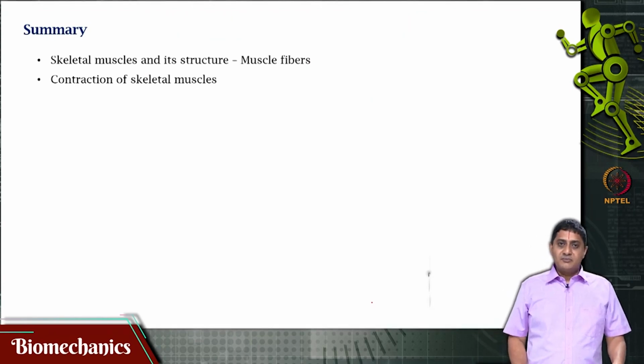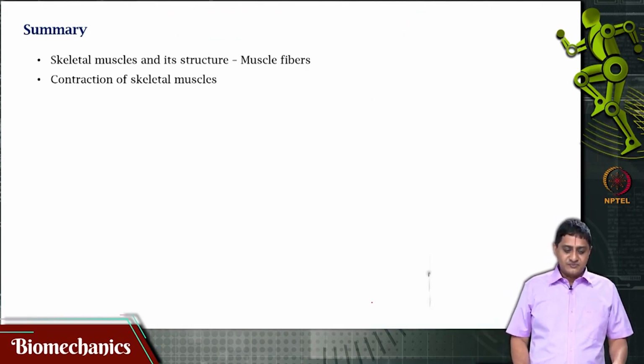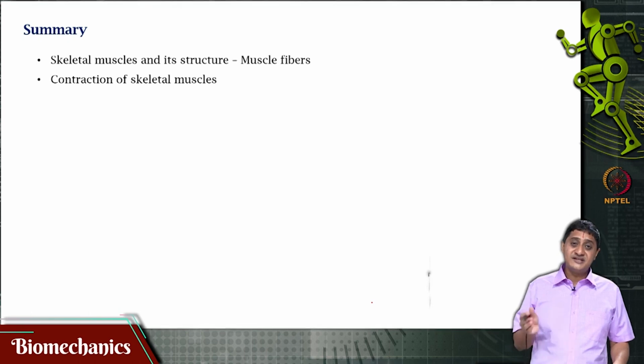With this, we come to the end of this video. So, in this video, we saw the types of muscle fibers and the arrangement of fibers and pennation: unipennate, bipennate, multipennate muscles, and pennation angle, and how pennation causes different effects on the physiological cross-sectional area and anatomical cross-sectional area, and how force transmission efficiency varies as a function of pennation.